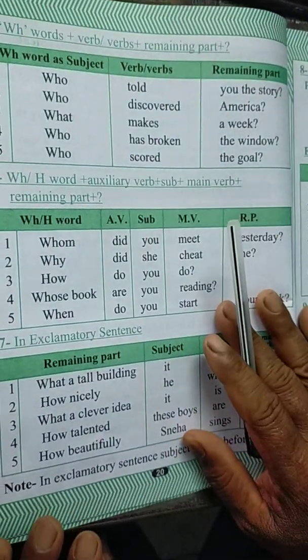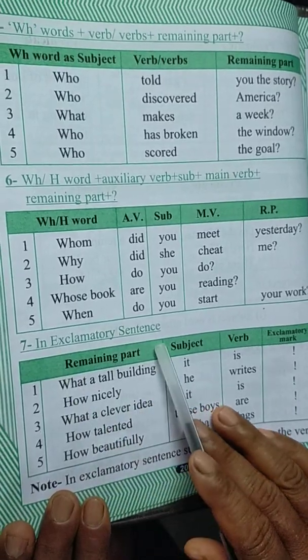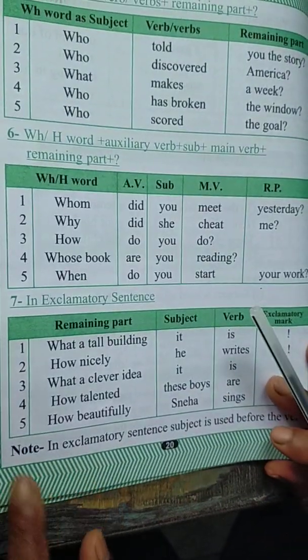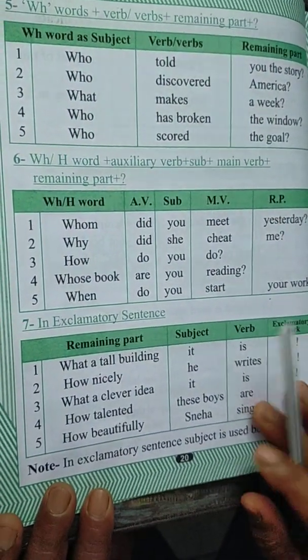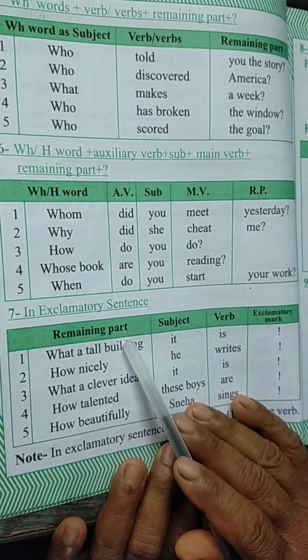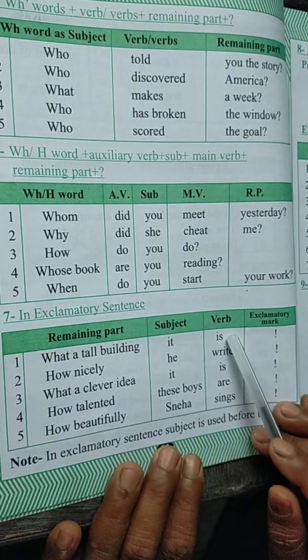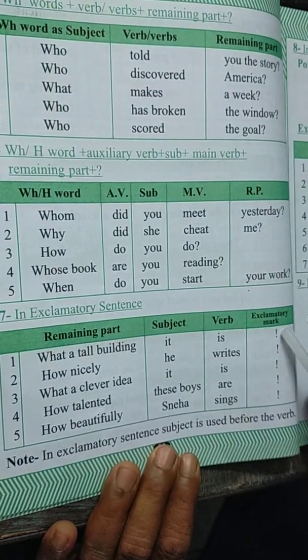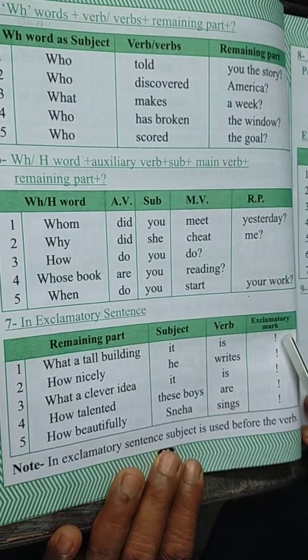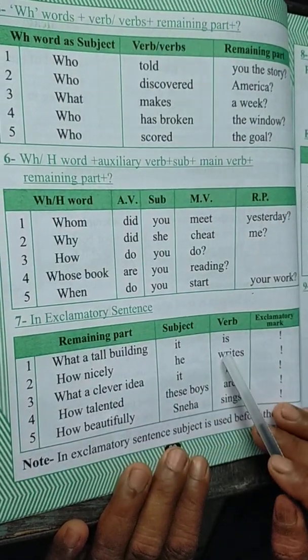So it is completed. You came to number 7, the exclamatory sentence. In exclamatory sentences, the remaining part of the sentence will be first, the subject second, the verb third, and the exclamatory mark will be at the end of the sentence. So: what a tall building it is!